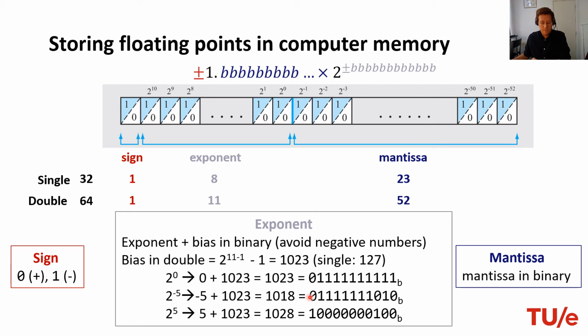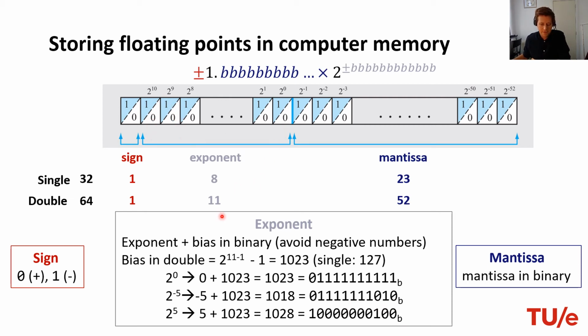And in that case, we would simply store this string of 11 bits into the registers available for storing the exponent in double precision here. For a positive exponent of 5, well, we would add 5 plus the bias of 1023, which is 1028, which would be this string that would be stored into the exponent.